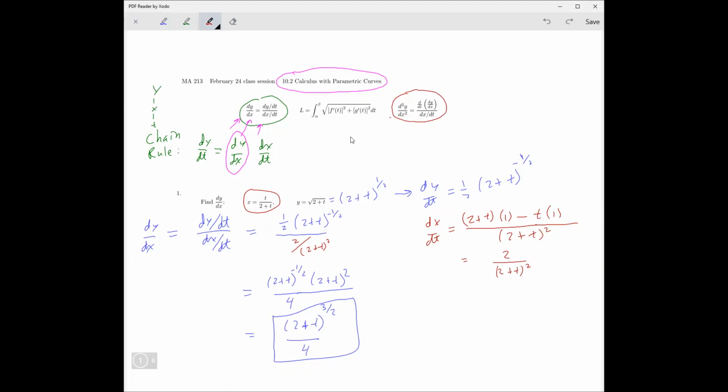Okay, so the thing about that is the second derivative is equal to the derivative of the first derivative.